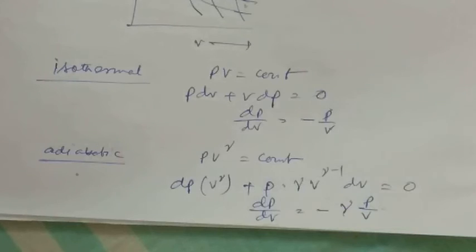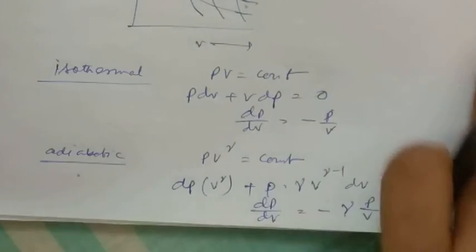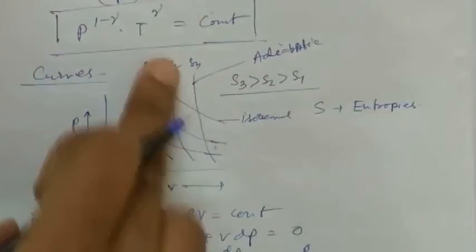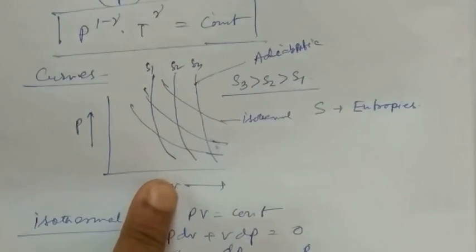We all know that gamma is more than 1. So the magnitude of dP by dV for an adiabatic curve must be greater than that of the isothermal curve. So the slope of the adiabatic curve is going to fall quickly. Hence, the adiabatic curves are falling quickly, or the steepness is very high.